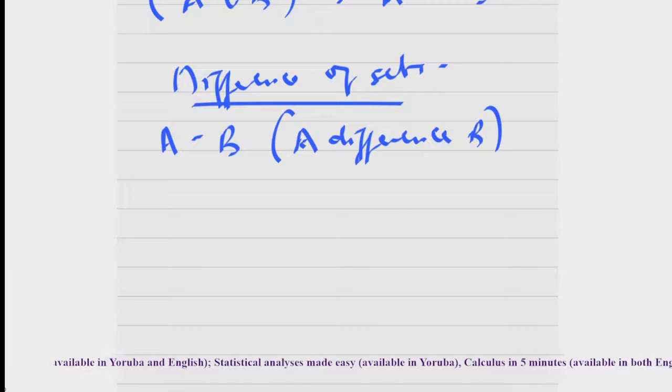So when you have the difference of A and B, it is the set of elements which only belong to A but do not belong to B. You understand now?